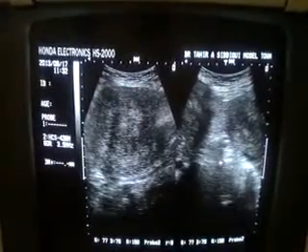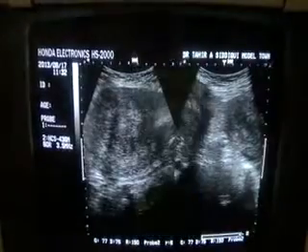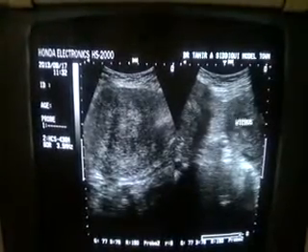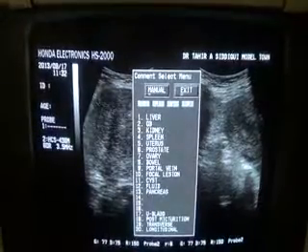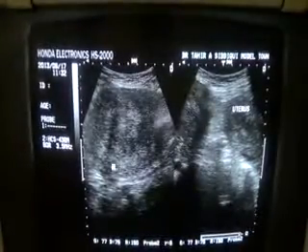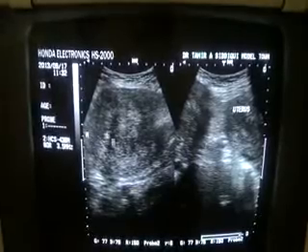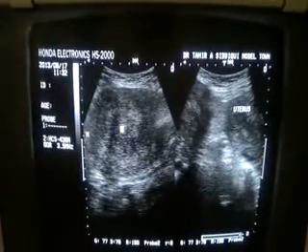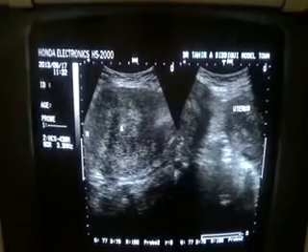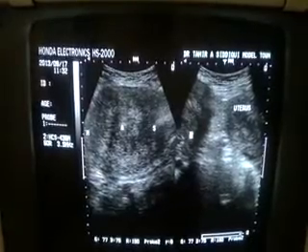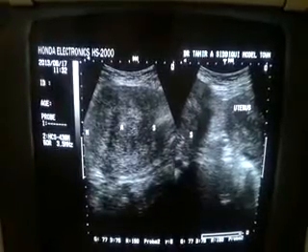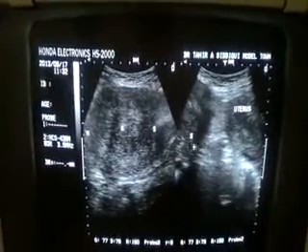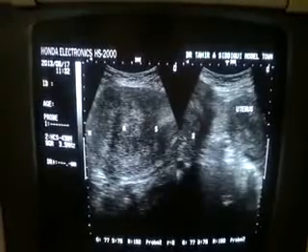This is the uterus in longitudinal section. And this is a mass, a large mass, which is a fibroid. Whorly appearance. Pedunculated. This is the fundus of the uterus.